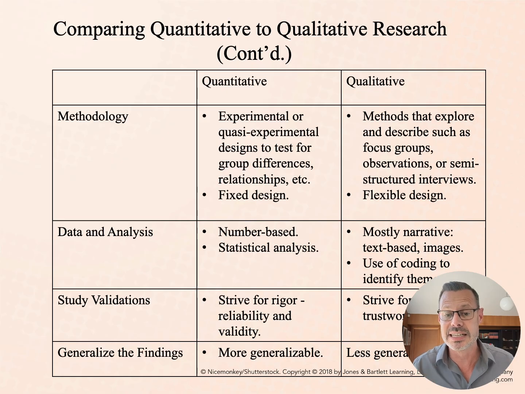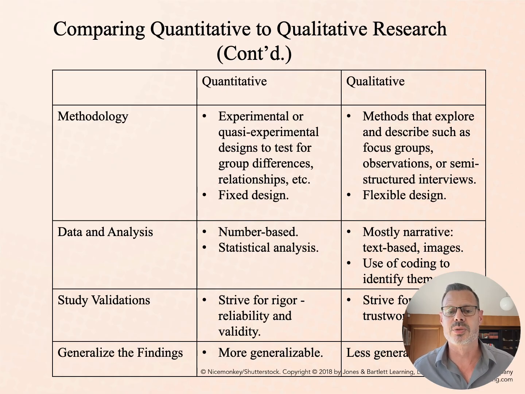That's the validity of a quantitative study. And it tends to be very generalizable because we are often using a much larger population. When we look at the number of people in our quantitative study, we might be talking about hundreds, we might be talking about thousands. So that larger population is going to give us a more generalizable study.